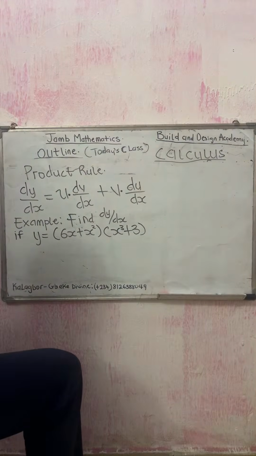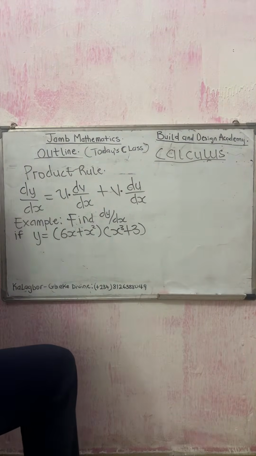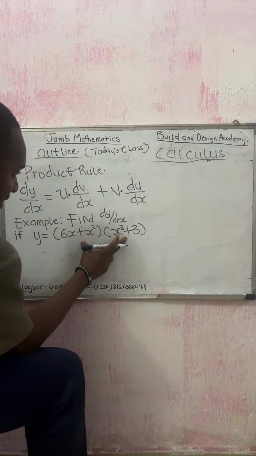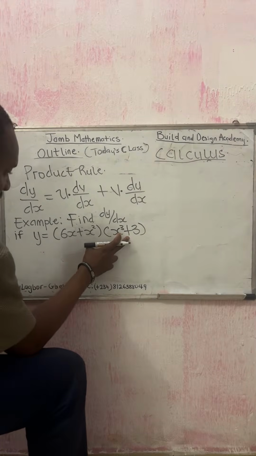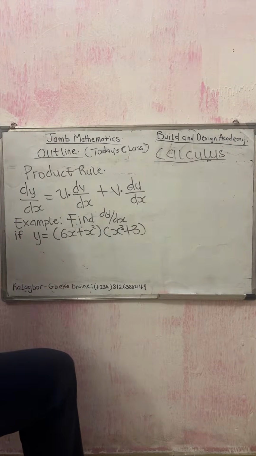So now this is what we are given, and they are telling us that we should find dy over dx. That means we should differentiate this function.